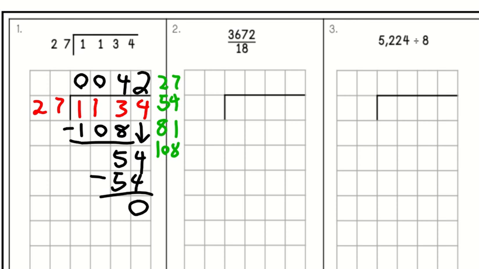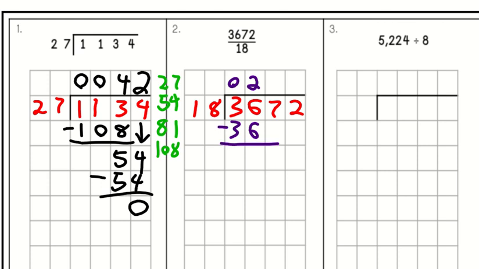Gray, what do you get for number 2? What do you say? 204 is correct. All right, so we got 3,672 divided by 18. 18 doesn't go into 3. 18 goes into 36 2 times. 2 times 18 is actually 36.